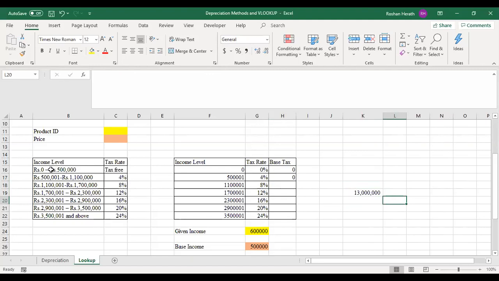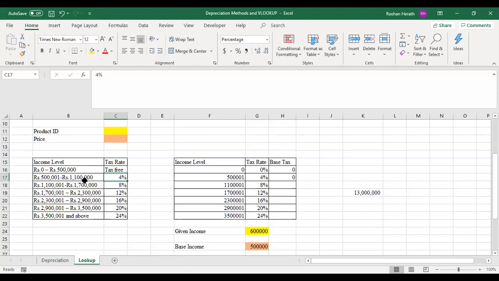Then the second level is also passing, this 1.1 million level. But when it comes to the second level, you can see that there is applicable tax. The income which exceeds 500,000 up to 1.1 million, you have to pay 4% tax. So therefore, you are passing two levels, 0 to 500,000 and 500,001 to 1.1 million.